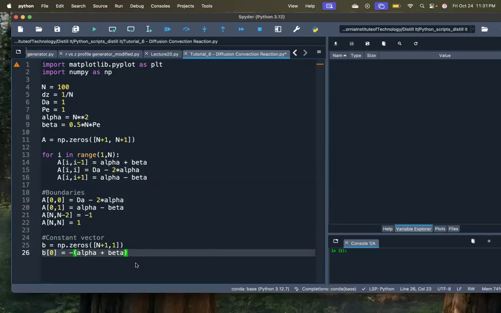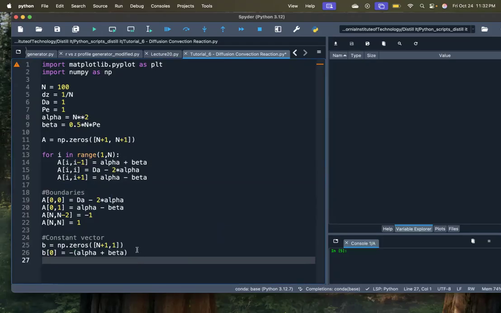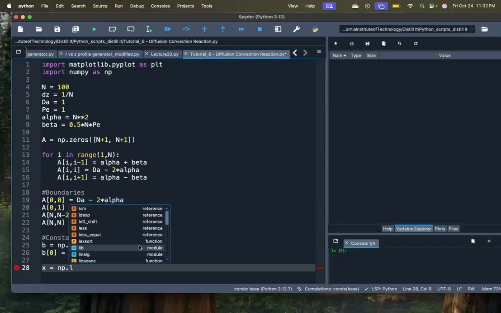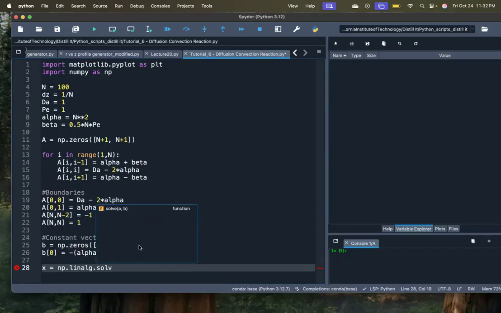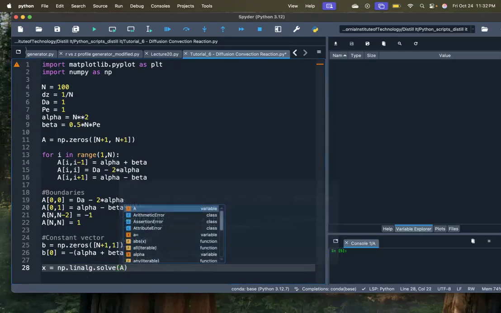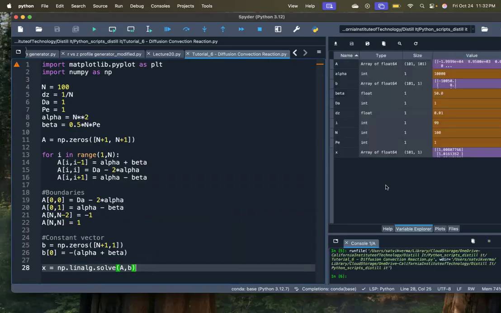So that holds for us. And now remember, we have to solve for X, which is the concentration array. So that's going to be np.linalg.solve, and we are going to have A comma B over here. So that would solve our problem.